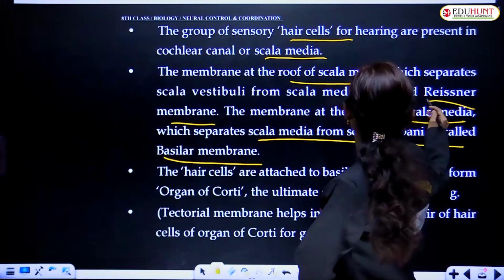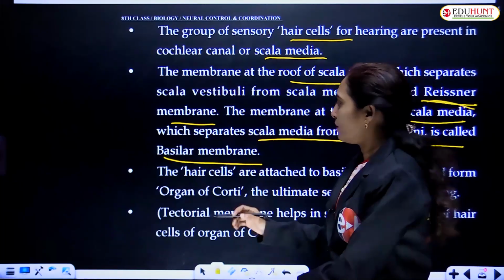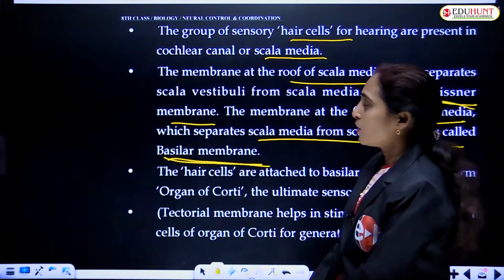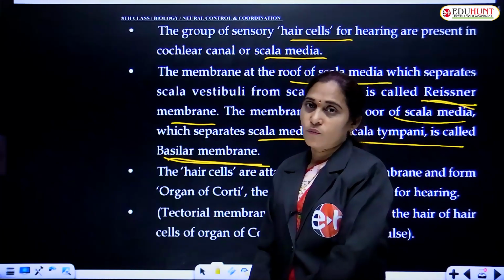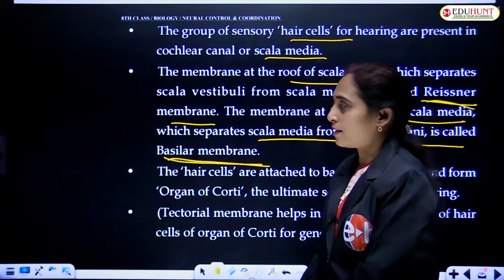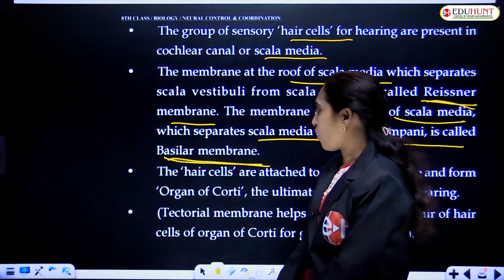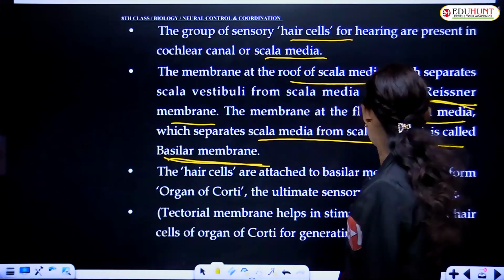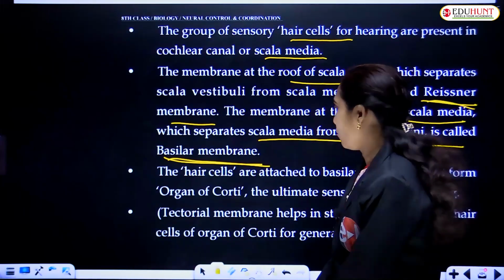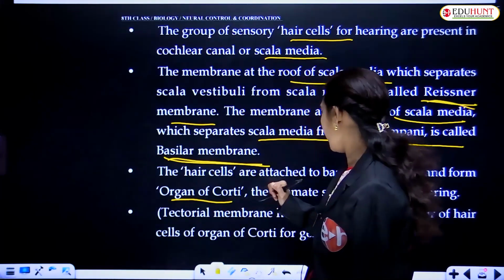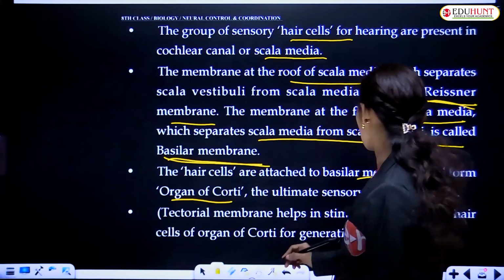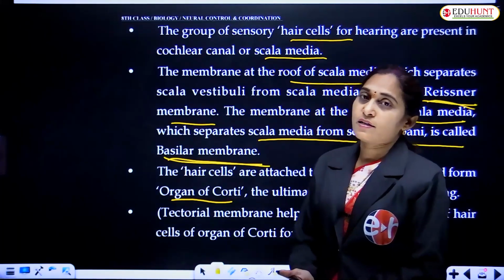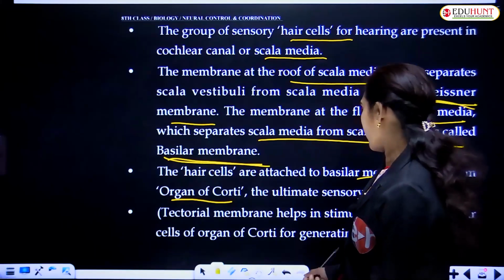These two membranes are present at the roof and the floor. The hair cells attached to the basilar membrane, at the floor, form the organ of Corti. What is the ultimate sensory part of hearing? That is the organ of Corti.